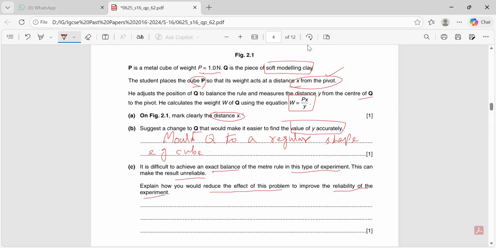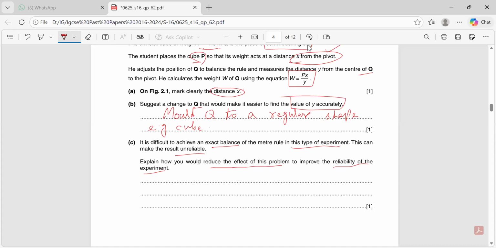Balancing, you have performed this experiment, of course, in labs. It is difficult to achieve perfect balancing. So in such cases, what can we do? We can repeat the experiment and then take the average.